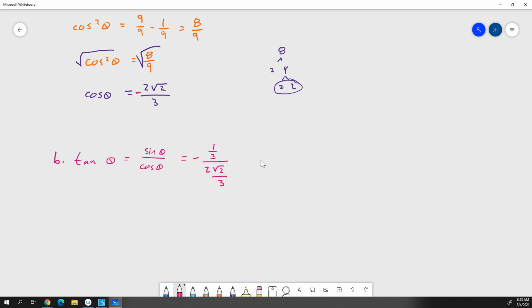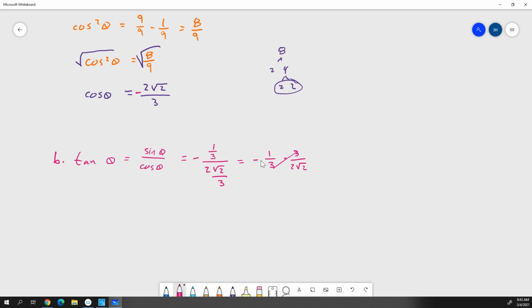So now I have to solve this crazy fraction, but it's really not that crazy because we just multiply times the reciprocal. So we wind up with negative 1/3 times radical 3 over 2 radical 2.